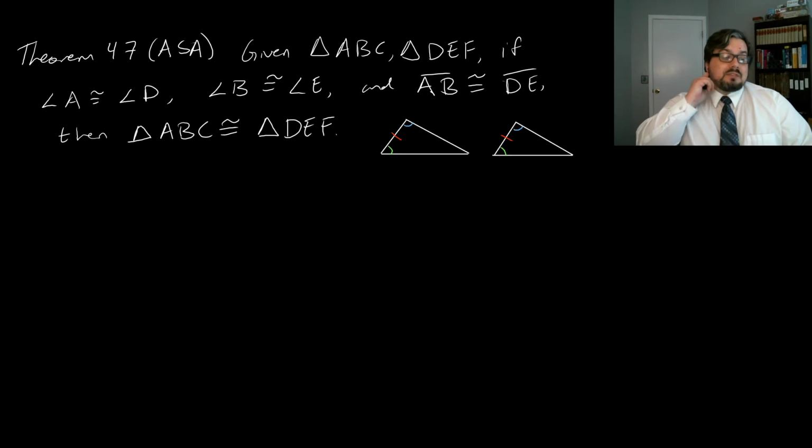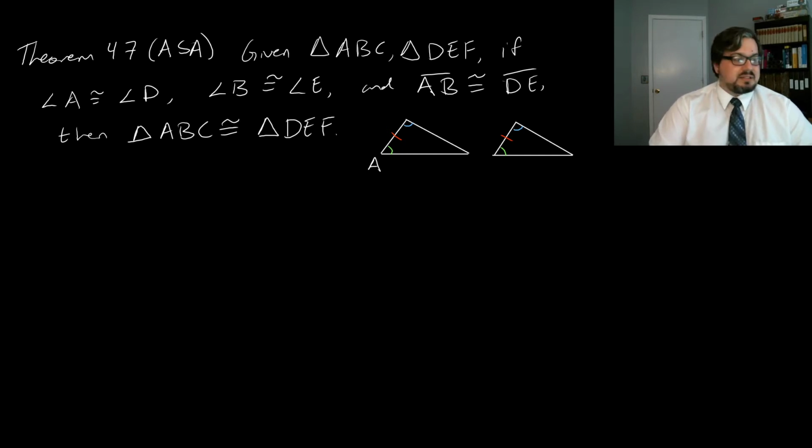Now, one of the ways that we are usually going to prove these sorts of theorems is to take one of our figures and copy it onto another one. So, in particular, let's go ahead and do that here.